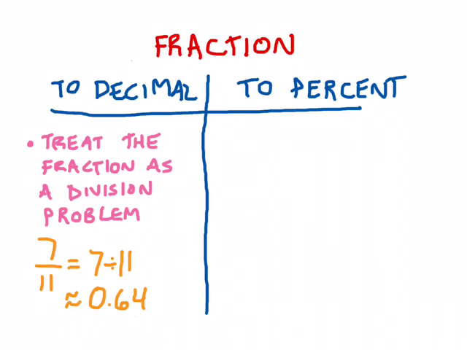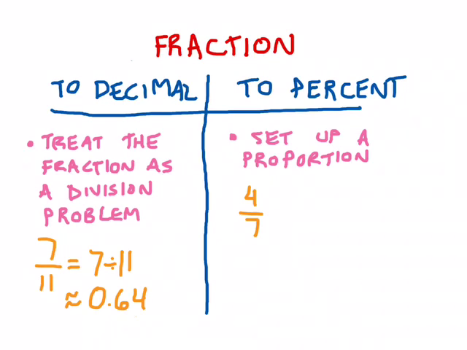If I want to convert a fraction to a percentage, what I actually need to do is set it up as a proportion. That's the fastest way to make that conversion. What that means is I take my fraction that I want to convert, and let's go ahead and say, in this case, I want to convert the fraction 4/7.